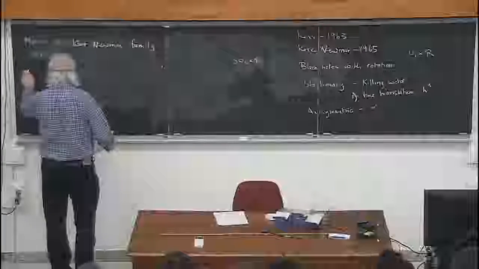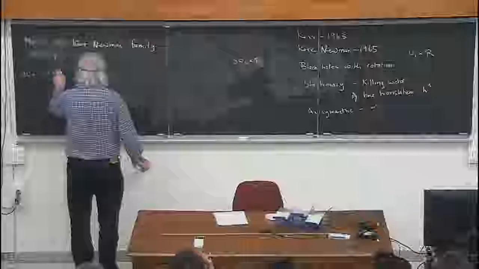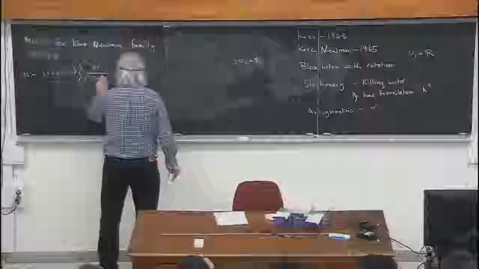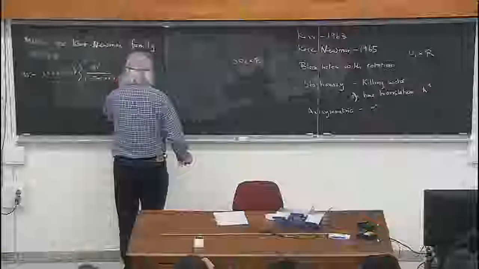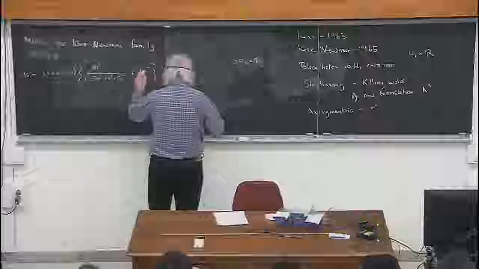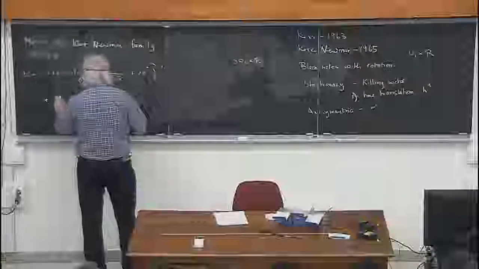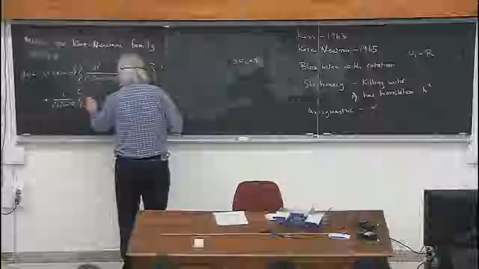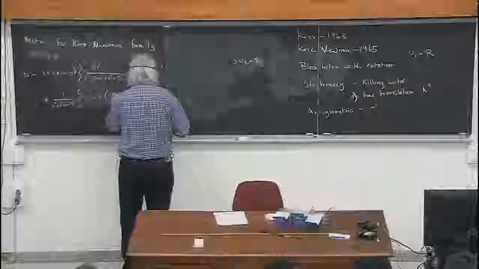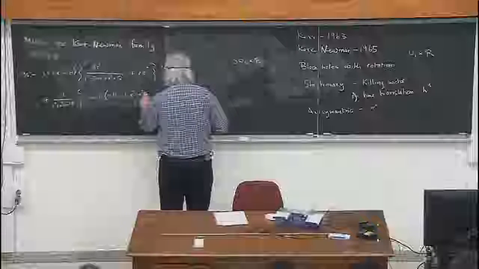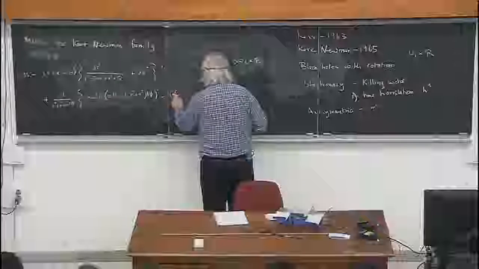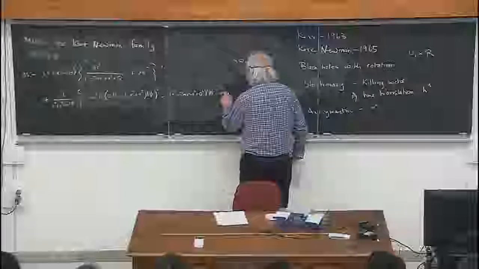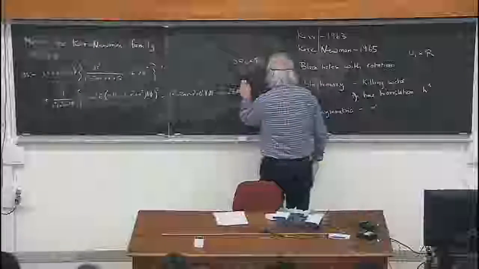The result is rather complicated. ds squared is equal to (r squared plus a squared cos squared theta) into (dr squared over (r squared minus 2mr plus a squared plus q squared) plus d theta squared) plus 1 over (r squared plus a squared cos squared theta) sine squared theta into (a dt minus (r squared plus a squared) d phi) all squared minus (r squared minus 2mr plus a squared plus q squared) into (dt minus a sine squared theta d phi) all squared, close bracket.